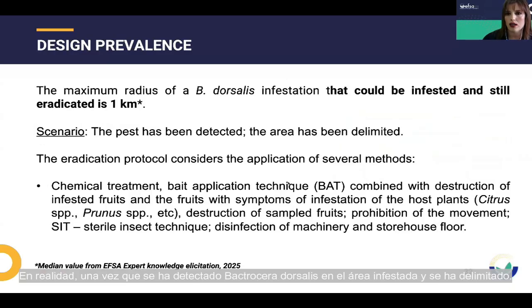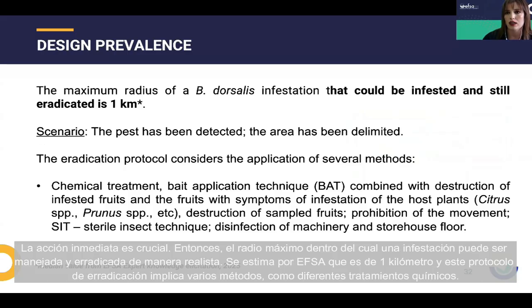Actually, once Bactrocera dorsalis has been detected and the infested area has been delimited, immediate action is crucial. The maximum radius within which an infestation can realistically be managed and eradicated is estimated by EFSA to be 1 kilometer.